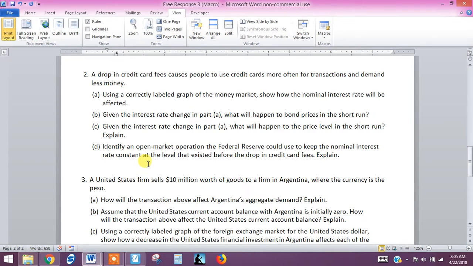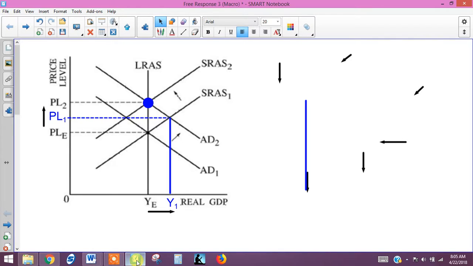Now, D is we want to identify an open market operation the Federal Reserve could use to keep the nominal interest rate constant at the level that it existed before the credit card fees, and explain. Okay, so in order for the interest rate to come back up, let's jump back to our graph over here.